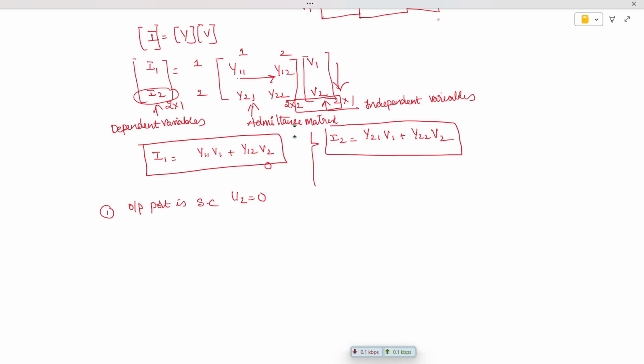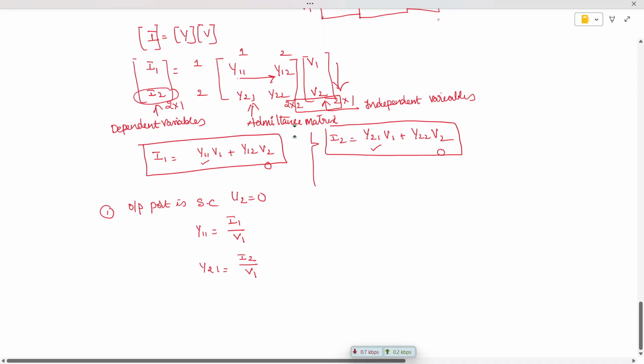So when V2 is zero, we get Y11 and Y21. Y11 is equal to I1 by V1. The next parameter is Y21, which is equal to I2 divided by V1. Admittance is nothing but current divided by voltage.